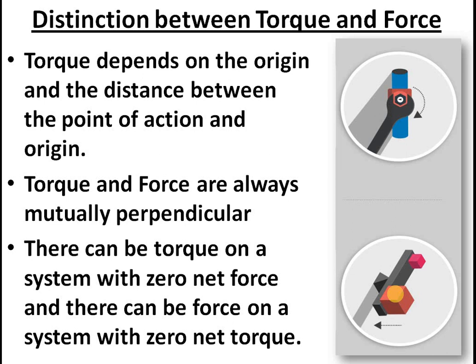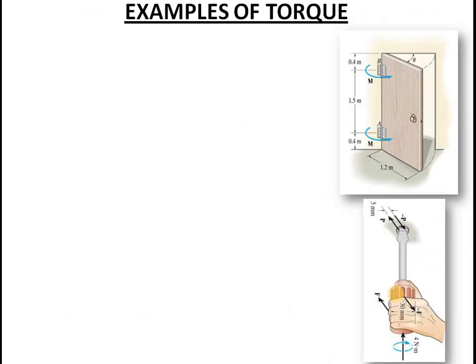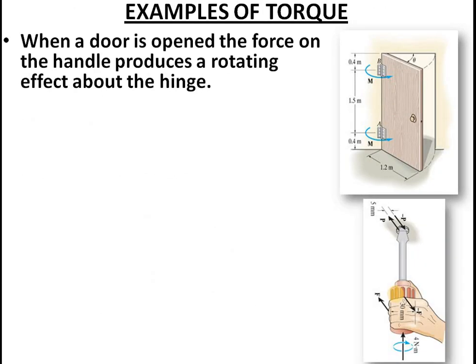Similarly, there can be force on a system. Suppose a body is moving in a linear path, there is force on it, but since it does not have any rotational effect, we can say no torque is acting on it. That can also come out. So that depends on the situations.